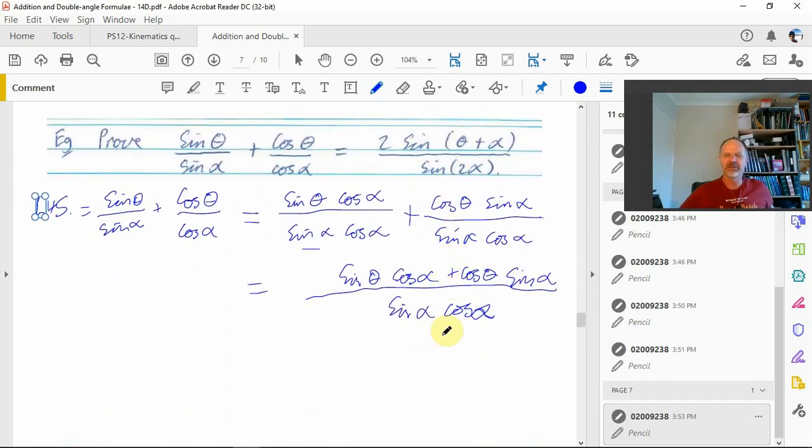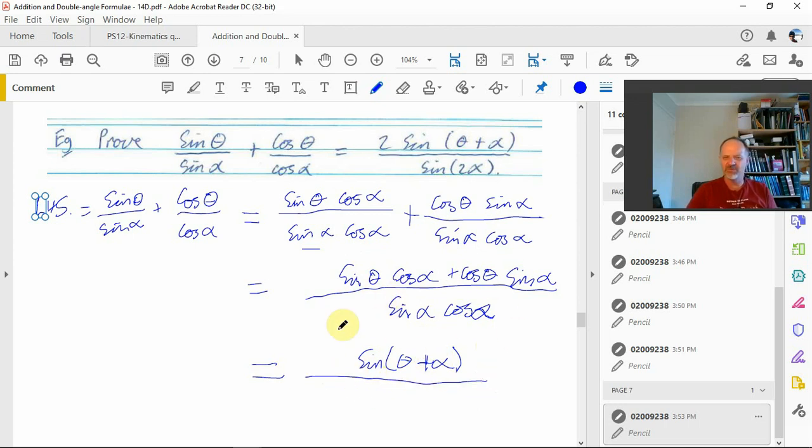That was a bit silly of me. So we've got sine cos plus cos sine. Now, sine cos plus cos sine is a sine of something, right? Sine cos plus cos sine, that's a sine of something, and plus in here, so theta plus alpha is what we've got there.